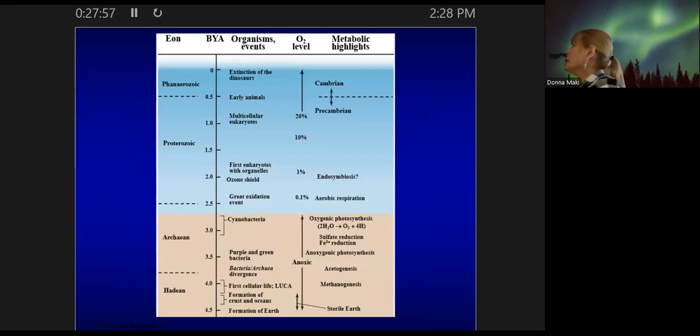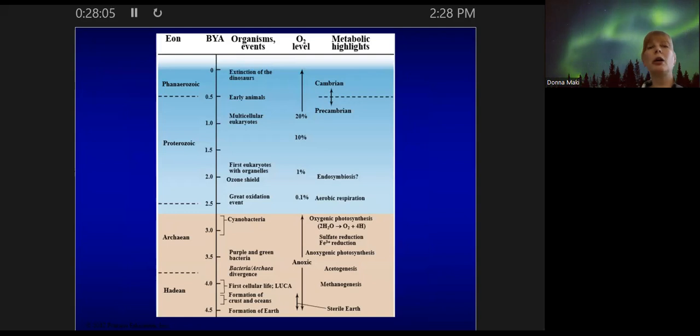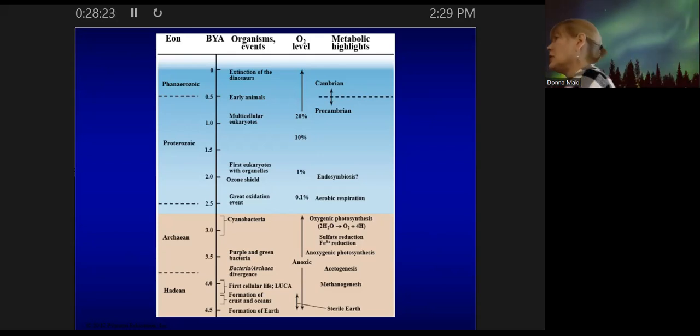I like this depiction of the evolutionary timescale in the sense that it gives a clear demarcation between what's happening in the absence of oxygen versus the presence of oxygen. If you can imagine these protocells developing these physiological pathways, figuring out how to make ATP, how to take in nutrients and get those into the pathways and build their cells, reproduce themselves, and then of course speciation is occurring.